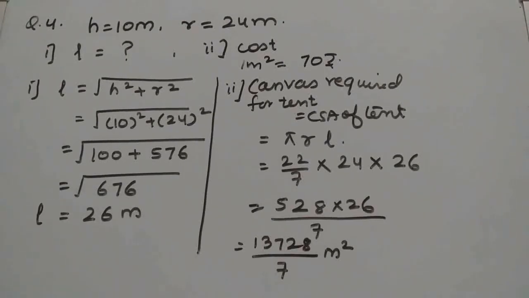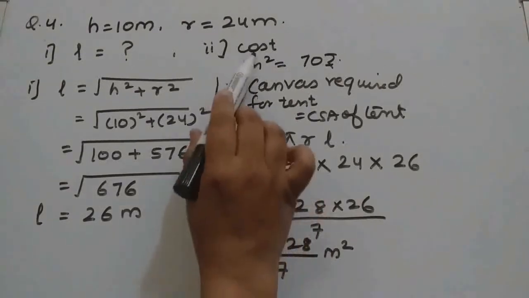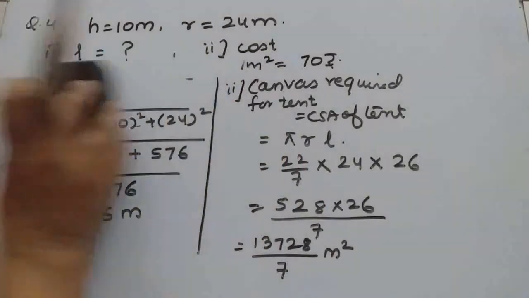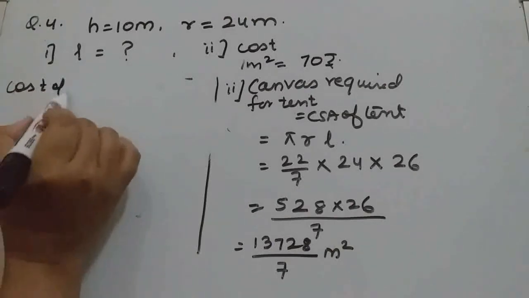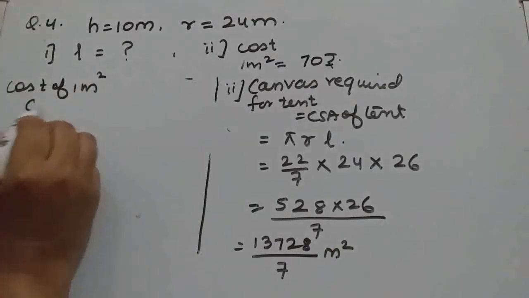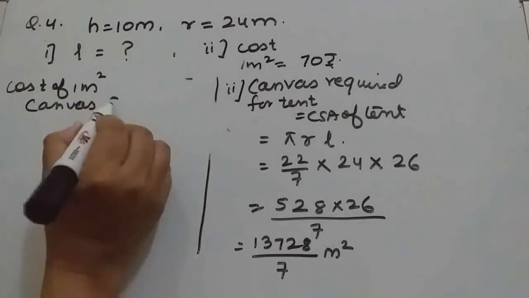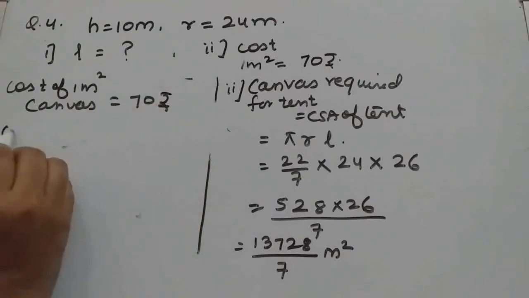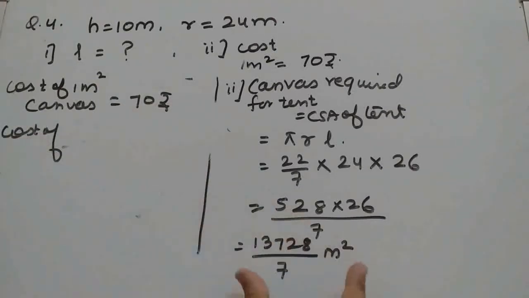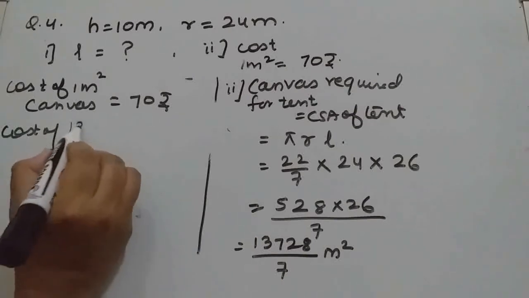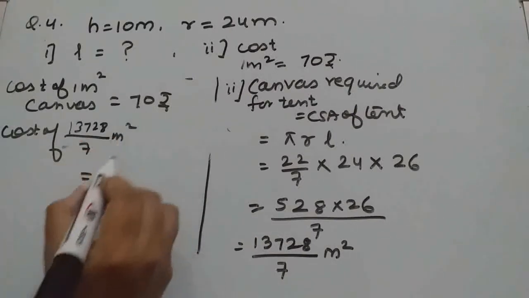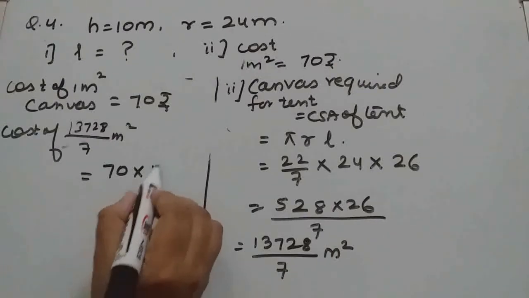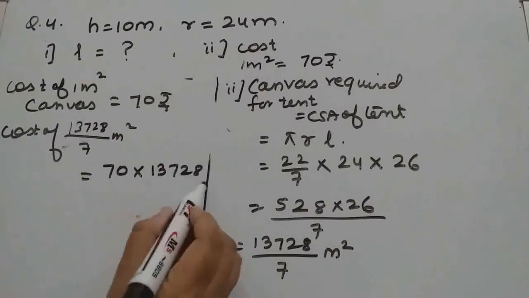Now we need to find the cost. Okay, so we know cost of 1 meter square canvas is 70 rupees. So cost of this much meter square, that is 13728 by 7 meter square, will be 70 into 13728 by 7, isn't it?